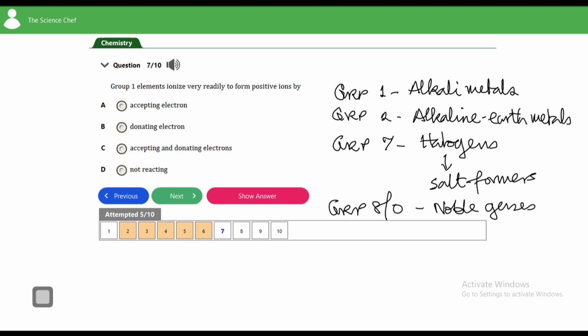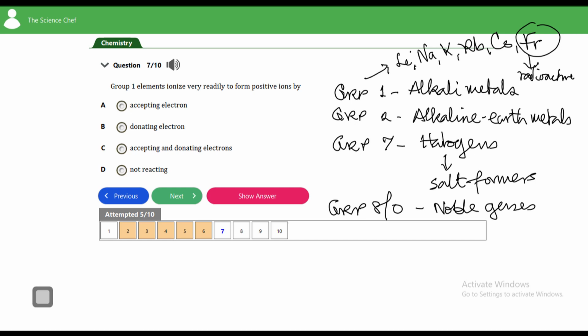For group 1, they are the most reactive metals on the periodic table, and their reactivity increases down the group. The members of the group are lithium, sodium, potassium, rubidium, cesium, and of course francium. Francium is radioactive. It has not been what? Isolated, right? So their reactivity increases down the group.